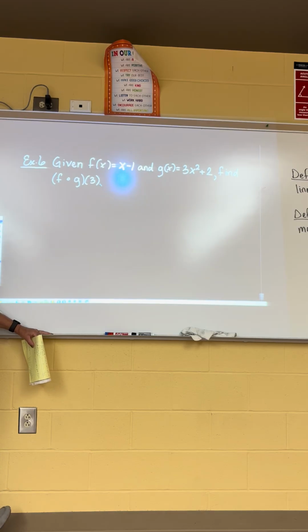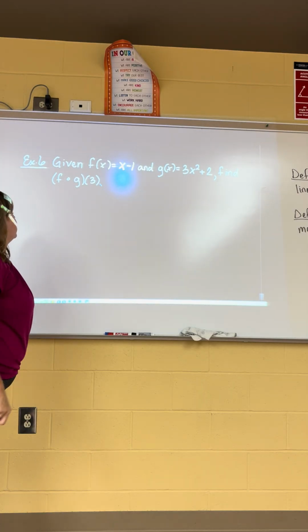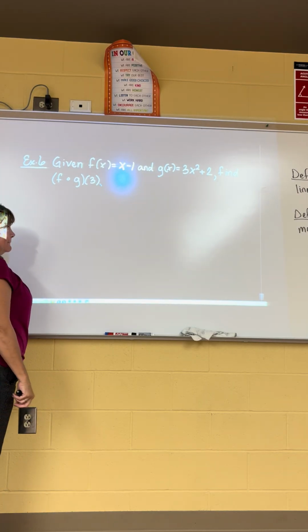Instead of writing the composition, can I just write f of g of x? Okay. I read it as fog 3. My brain doesn't compute that way. I apologize for laughing again. Okay. Wait. So what do we do? You plug in 3 for all the x's in g of x.